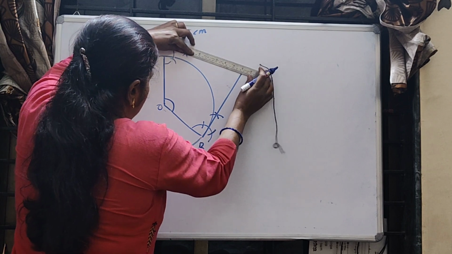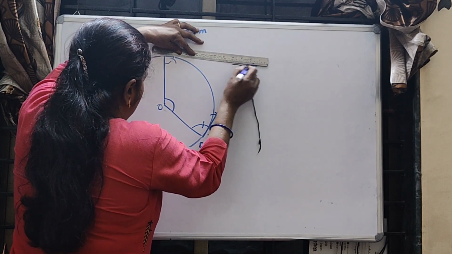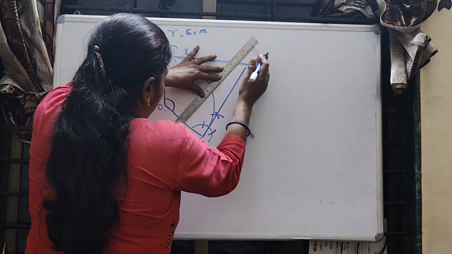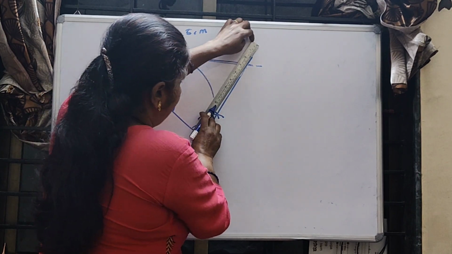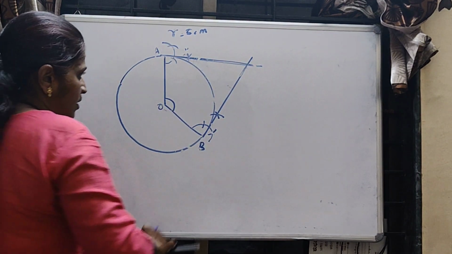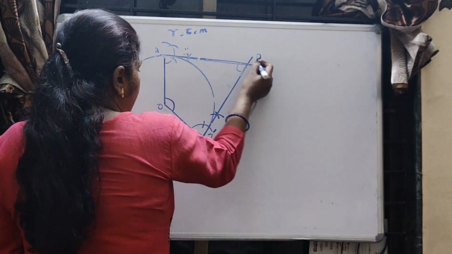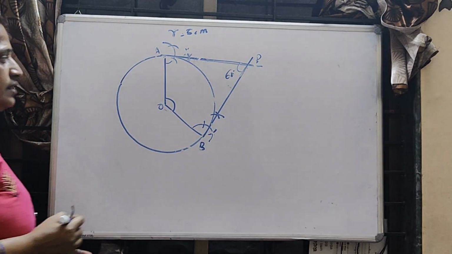If you join them, you get a point in between; call it P. PA and PB are the tangents, and the angle between them is 60 degrees.